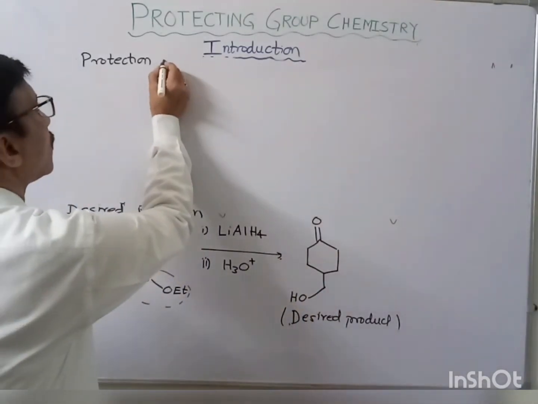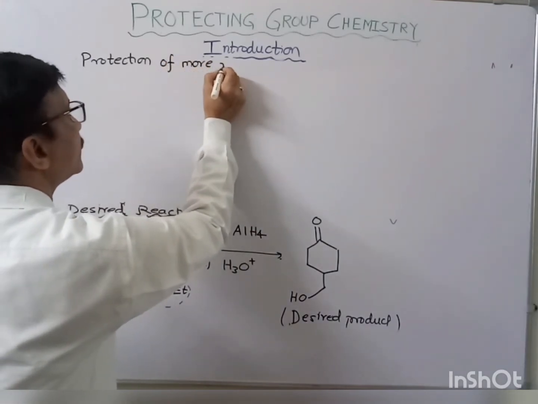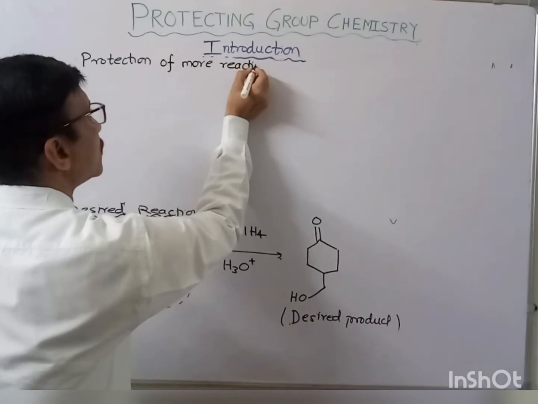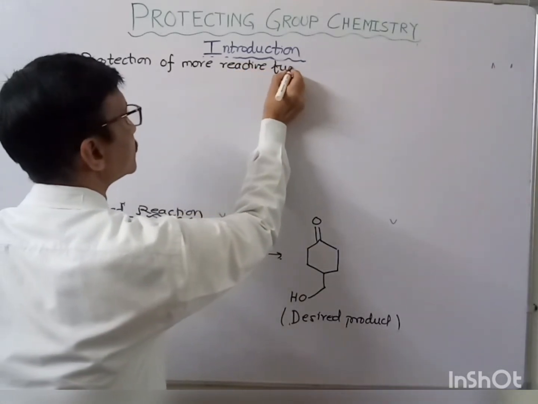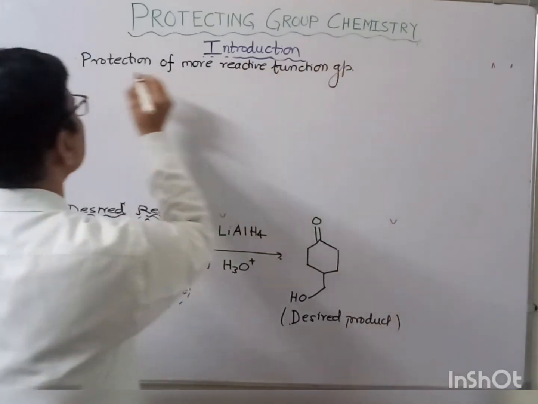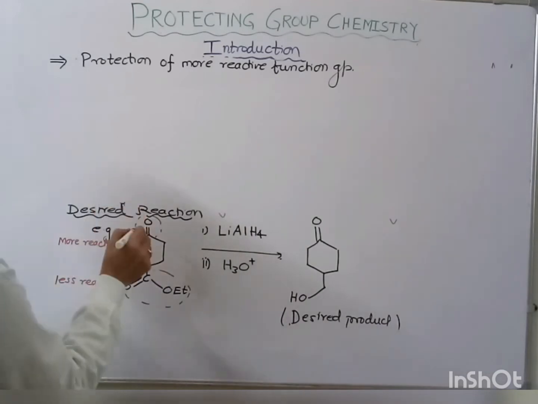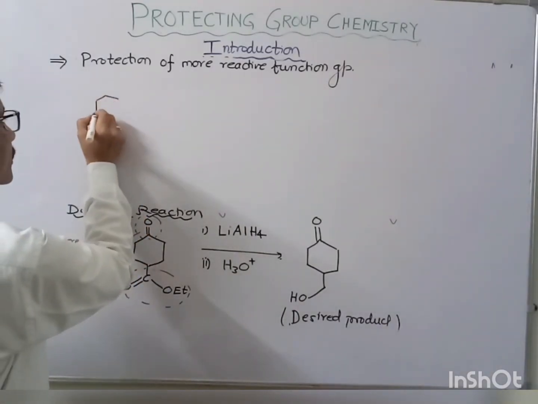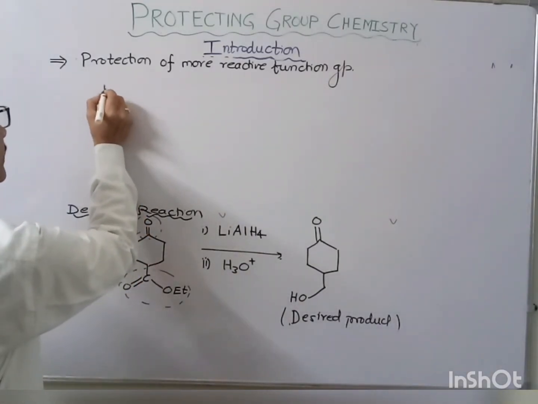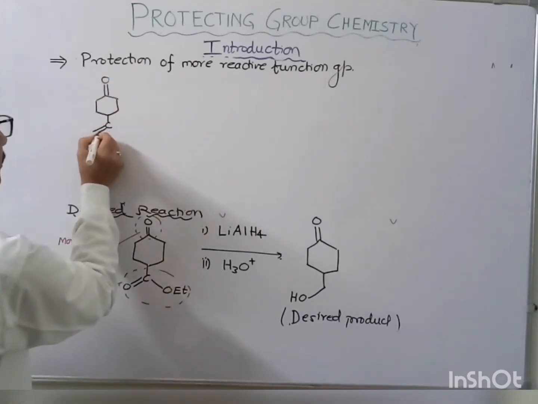So we are doing the protection of the more reactive functional group. To protect this keto group, suppose this is our reactant.